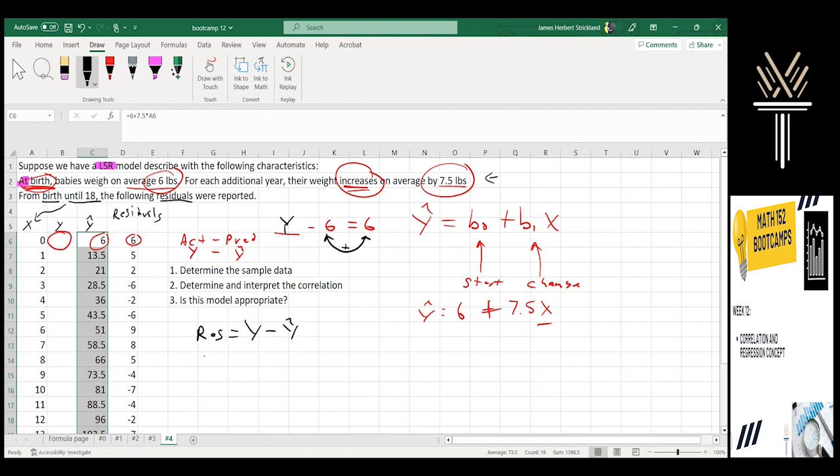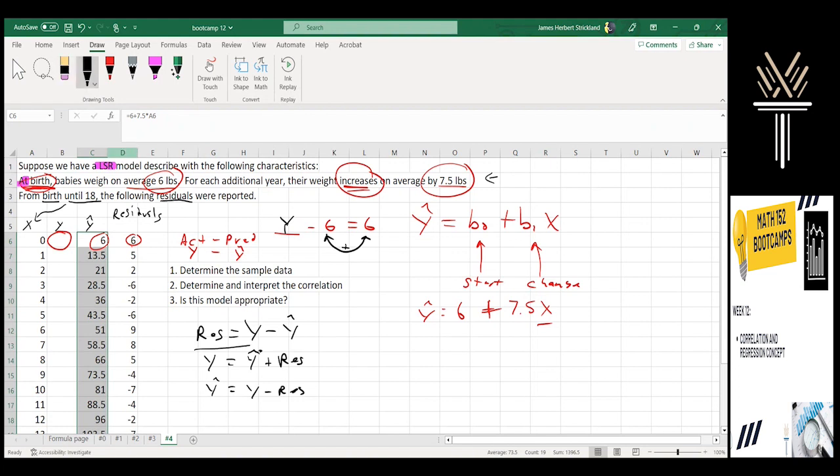That means that y is y hat plus residual. We can just add those two together. That also means if I wanted it, y hat is y minus the residual.